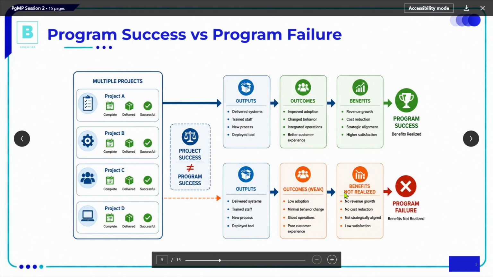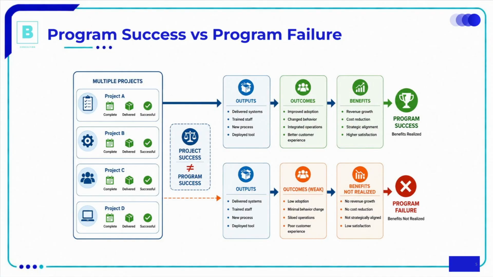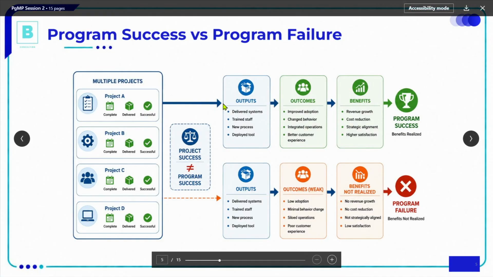Therefore, if the projects delivered no outcome, then the program will have no benefits realized: no revenue growth, no cost reduction, no strategic alignment, and low satisfaction. This is just an example of how projects delivering outputs correctly doesn't mean that benefits will be realized automatically. Okay? So we went into detail on that.